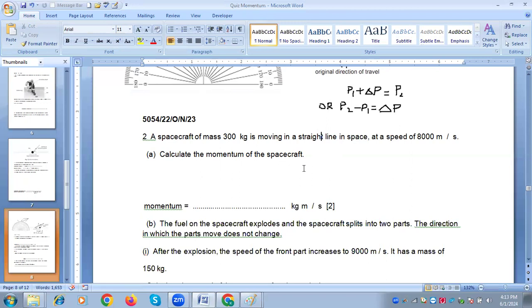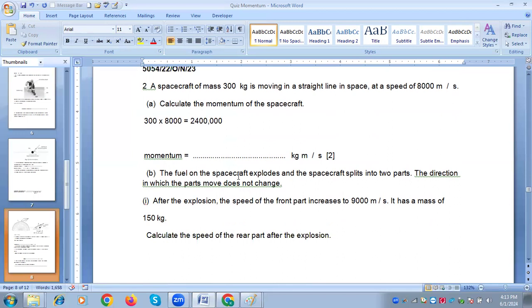So if you calculate the momentum of the spacecraft, what will you do? Mass is 300, velocity is 8,000, 300 into 8,000, that is 2,400,000. Yeah, so 8 3s are 24 and 5 zeros, 2,400,000 kg meter per second.